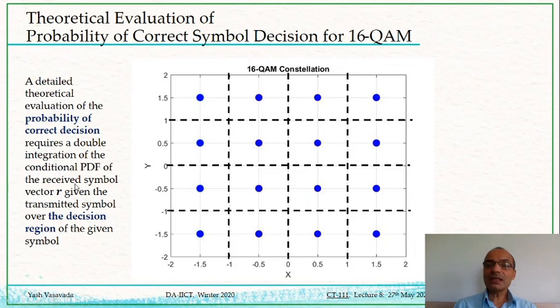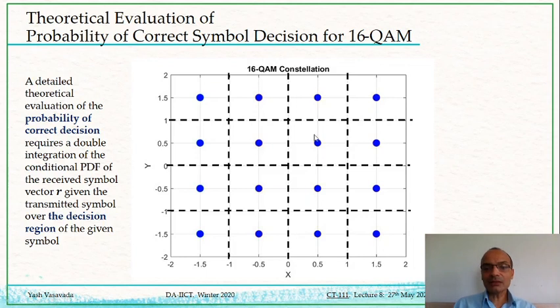That conditional PDF will be a two-dimensional PDF. It is still going to be Gaussian PDF because we are assuming the noise to be Gaussian, but the distribution function will be two-dimensional. And we will have to integrate that two-dimensional PDF.